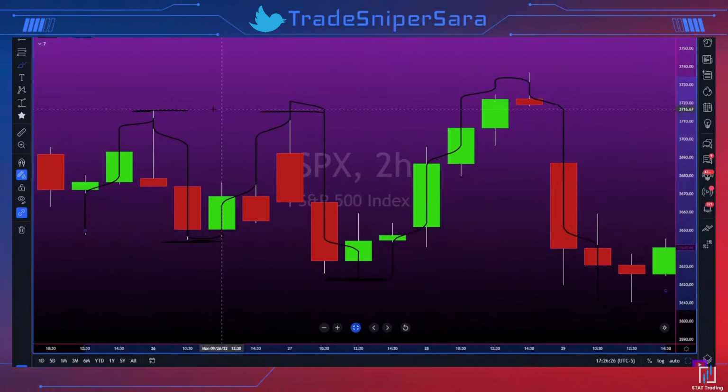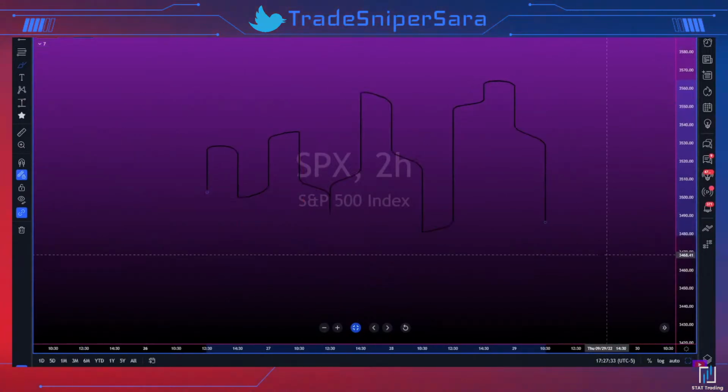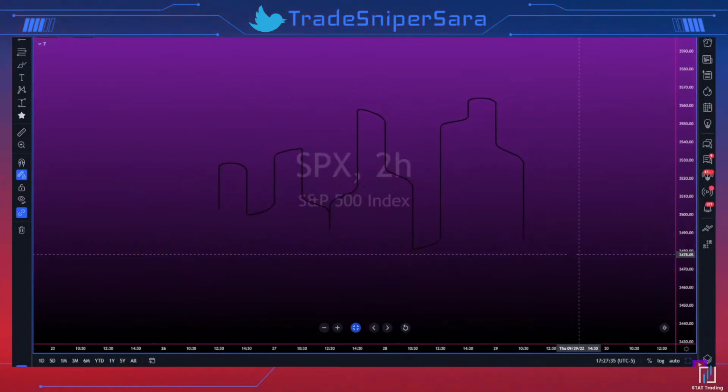So once we hit our long target, we know we're exhausted and we know that price can reverse here. So we want to be looking for reversals, AKA Strat setups, to take us back down. And also, this is why getting out at your targets is so important, because once you hit them, price doesn't tend to continue.